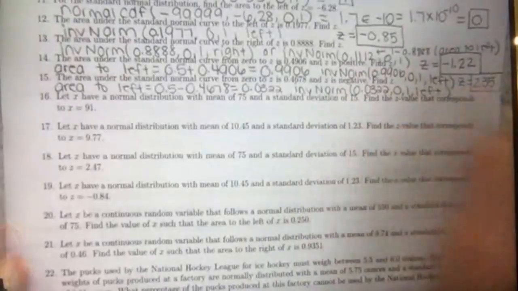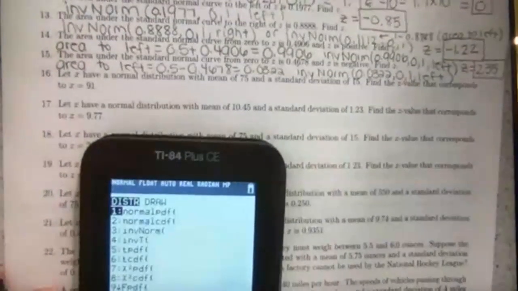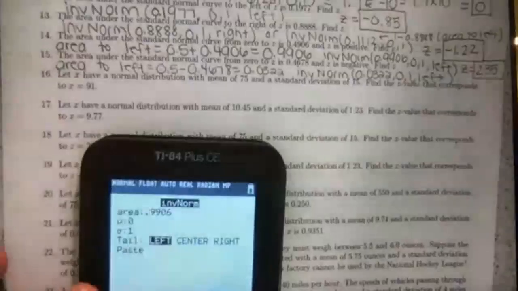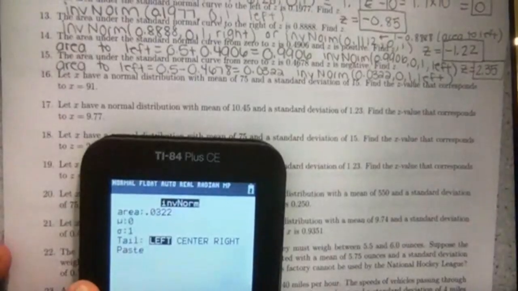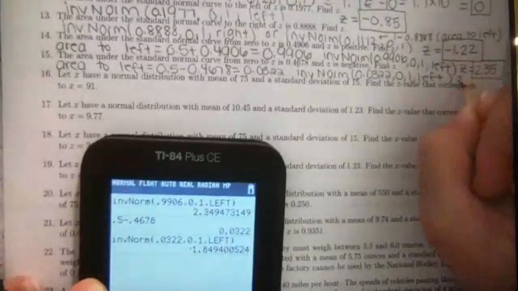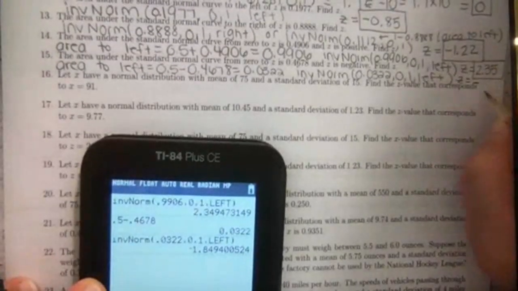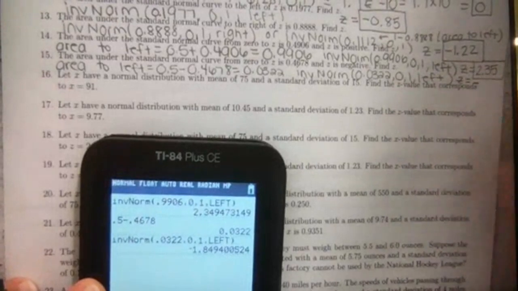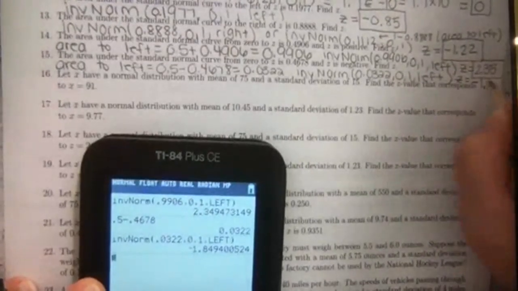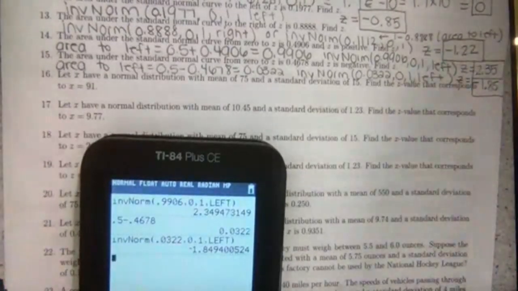Our mean is 0, our standard deviation is 1, and that's area to the left. Second vars, inverse norm, 0.0322, mean is 0, standard deviation is 1, area to the left. And that will give us our value, which is negative, as it told us in the problem, 1.849, so negative 1.85.